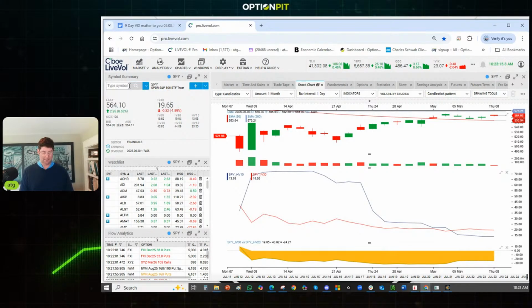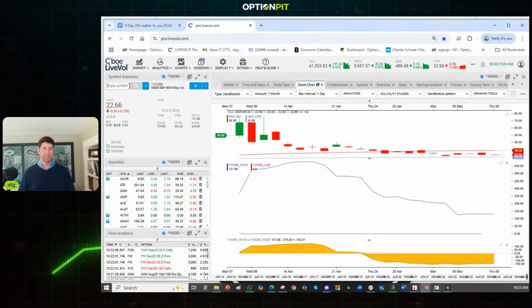Let's go to 9-day here. As long as this number, VIX 9-day here, continues to drop or stay low relative to VIX, I want to lean a little long. Today, actually, this is probably one of the first days of the week that this number is starting to relax a little bit.